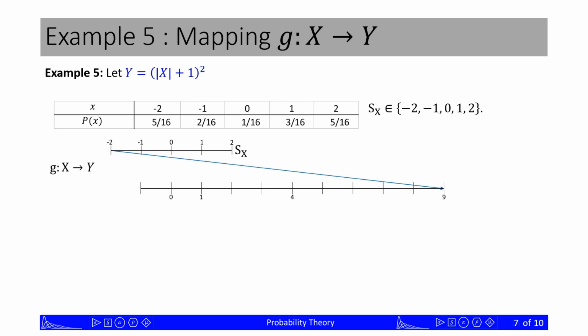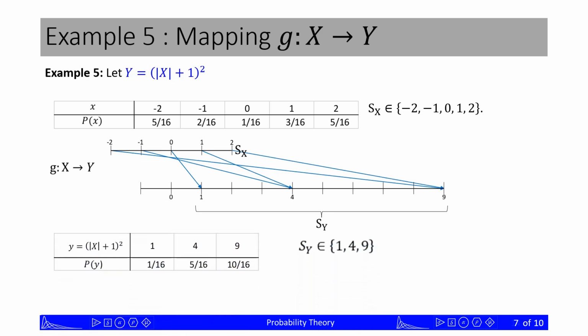We see -2 maps to 9, -1 maps to 4, 0 maps to 1, 1 maps to 4, which is the same as -1, and 2 maps to 9, just as -2 does. So the transformation is symmetric about x equals 0, and the space of y is 1, 4, and 9.